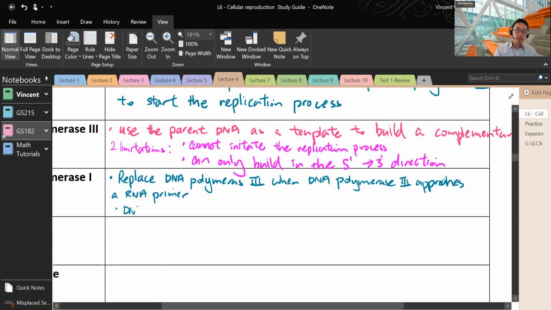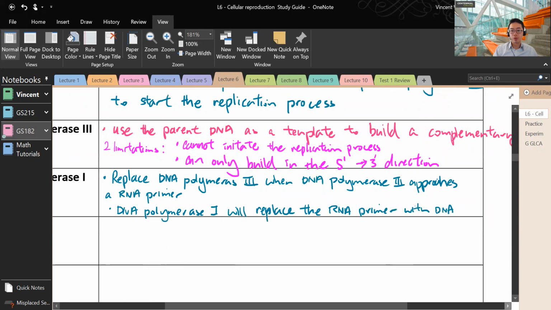Okay. And then the DNA polymerase 1 will replace the RNA primer with DNA nucleotides.